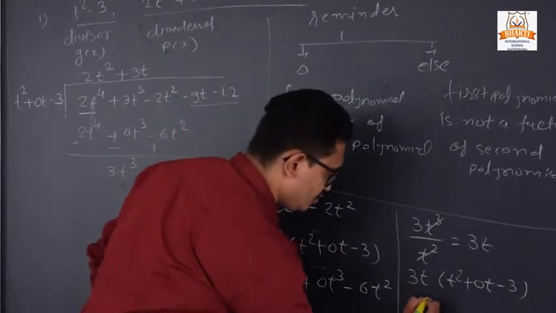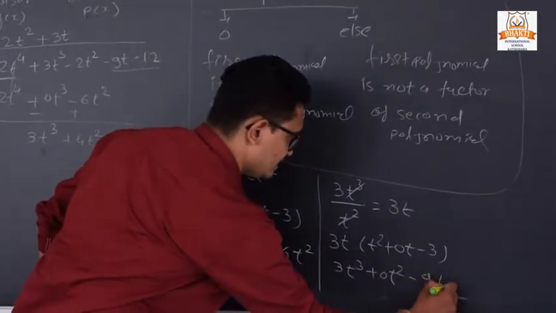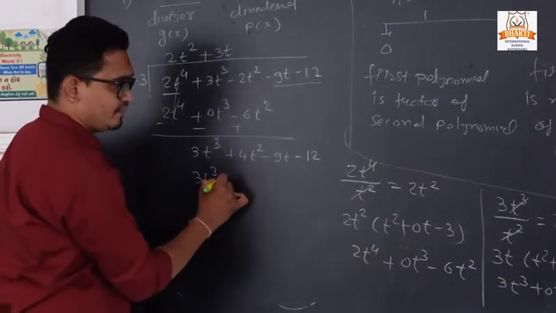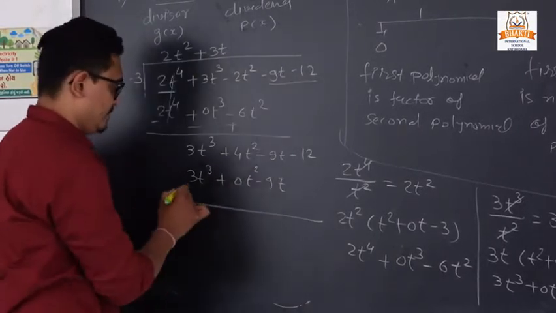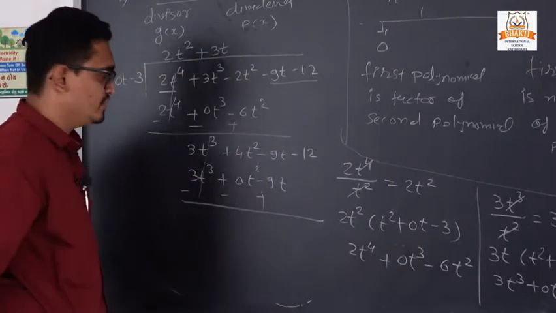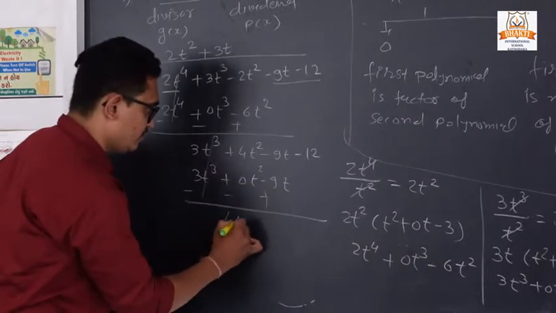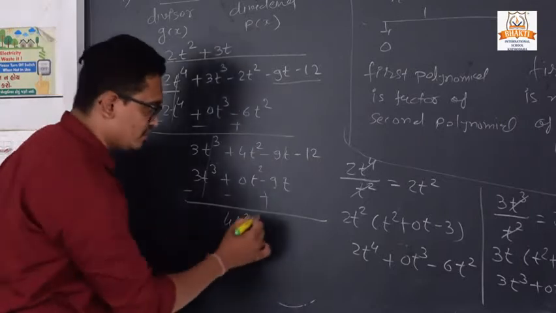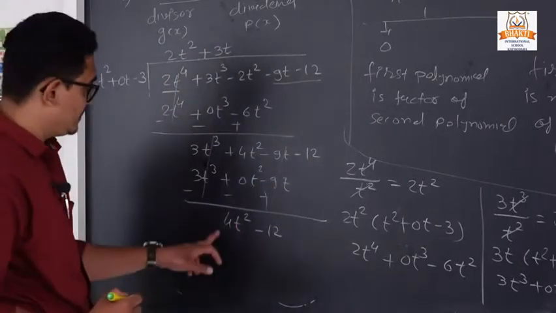So 3t cube, then 0t square and minus 9t. Here we write 3t cube plus 0t square minus 9t. Once again we change all the signs. So these both cancel. 0 plus 4 minus 0 is 4, and minus 9t plus 9t, once again these both cancel. So here we have minus 12.